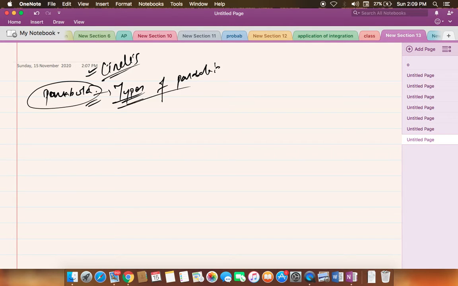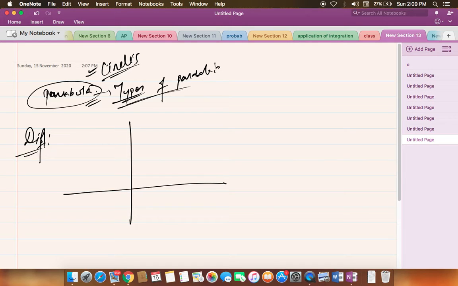But before this, I'd like to tell you the definition of what is a parabola. A parabola is a figure obtained by collecting all the points which have a fixed distance from a fixed point and a fixed line. This is a fixed line and this is a fixed point.